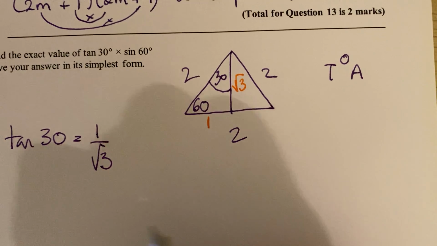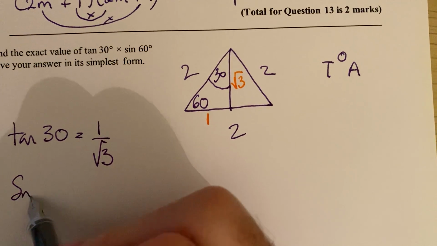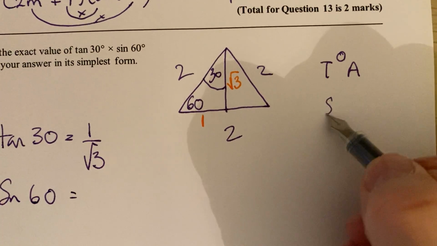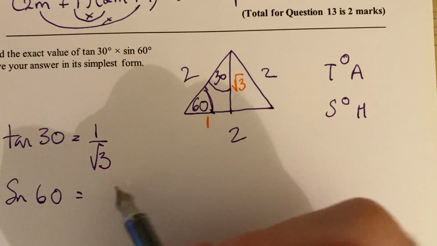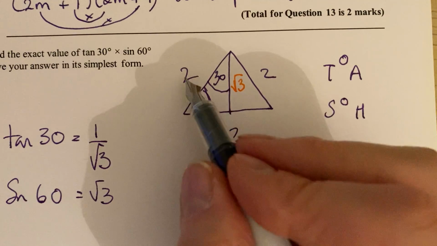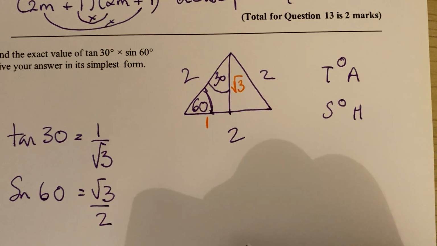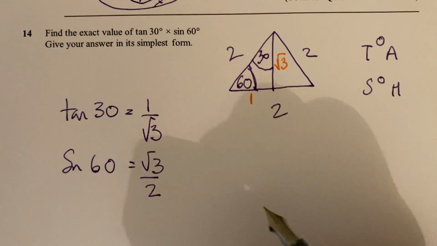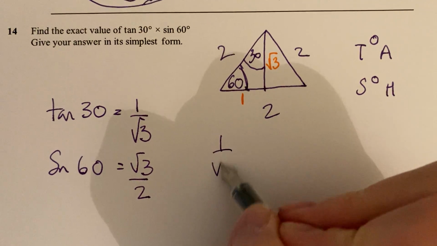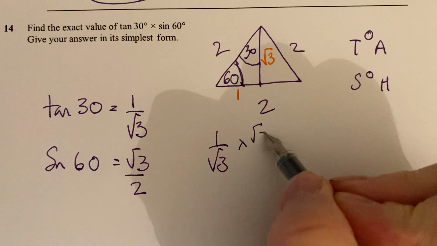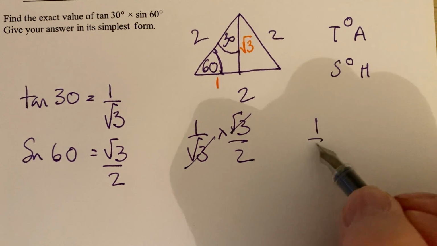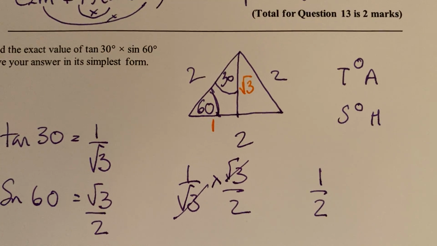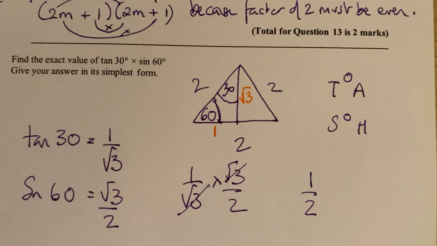And then I'm going to look at my sine 60. So here's my sine. This time my opposite is root 3, and my hypotenuse is 2. So now I've got that, I can multiply them together. And lo and behold, these cancel out, and I'm left with a half. Hope that makes sense to you.